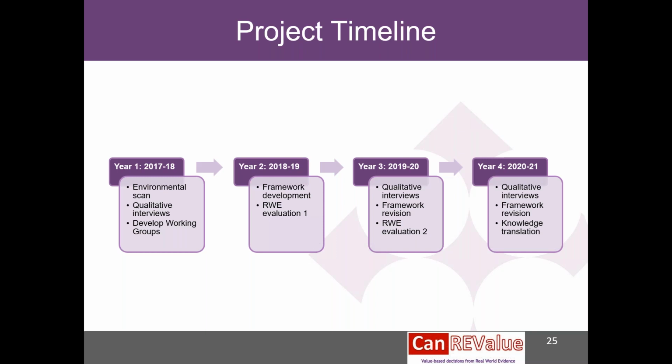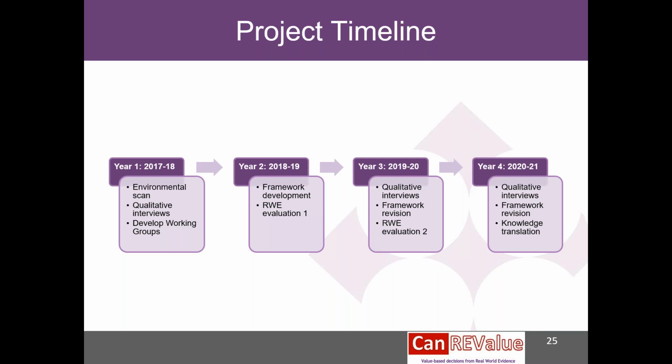And once we have that, then we hope to be able to conduct population-based real-world analysis in multiple provinces, similar to what we just described about the Avastin project, but with a different drug, following the draft framework, and hopefully do it in more provinces, and then see what lessons we can learn from it.